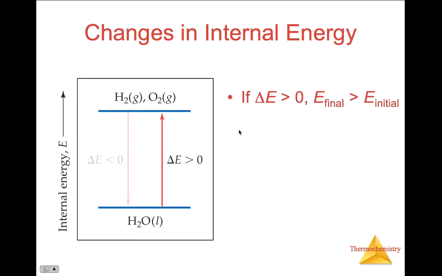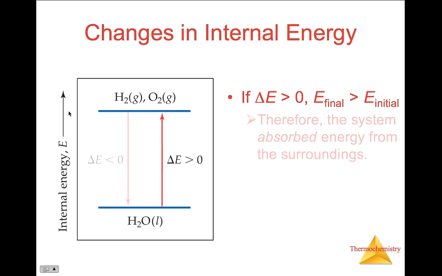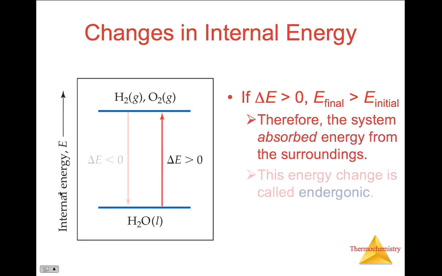When we have a change in internal energy, we can represent it on a diagram like this. Notice the vertical axis on this diagram is the increase in internal energy. Here's liquid water, and here's hydrogen and oxygen. We could say this is our reactant, and these are our products.